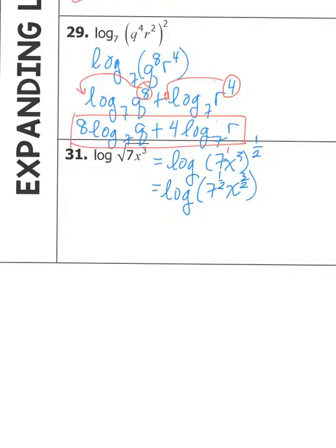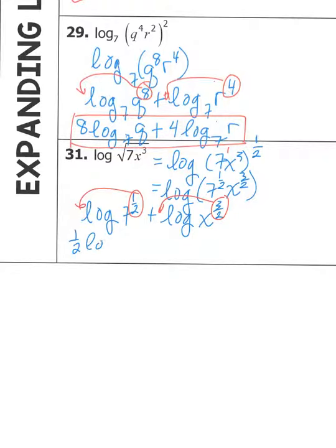Then you can expand them by using addition. So log of 7 to the 1/2 plus log of x to the 3/2, and then finally loop in front these exponents. So we get 1/2 log of 7 plus 3/2 log of x.